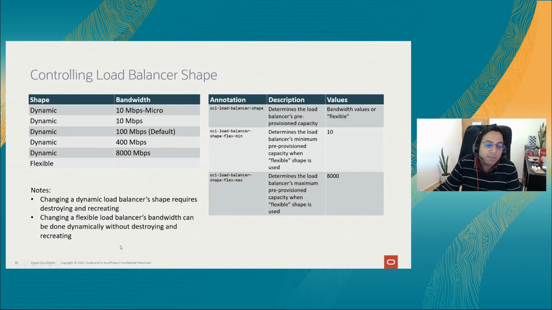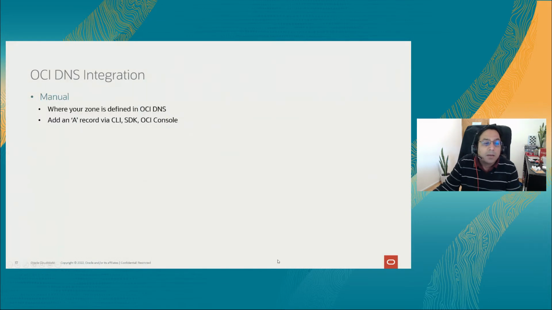In contrast, with a flexible load balancer, you can change the bandwidth dynamically without having to destroy and recreate the load balancer. And in doing so, you can maintain its assigned IP address.